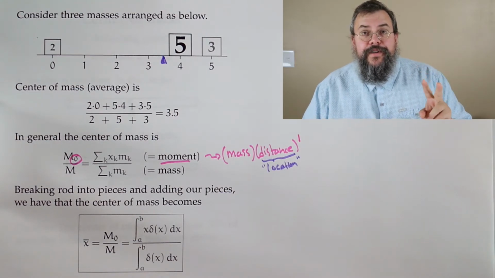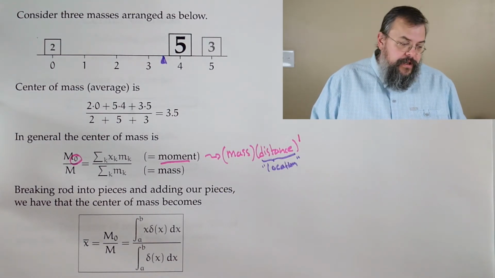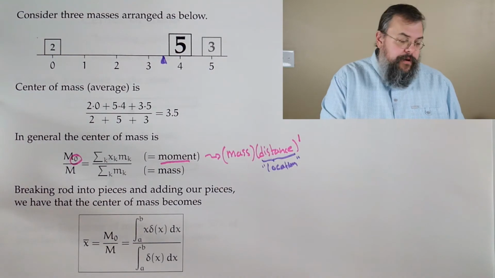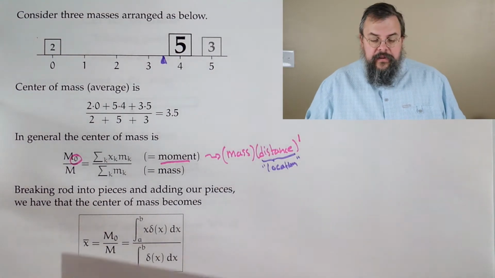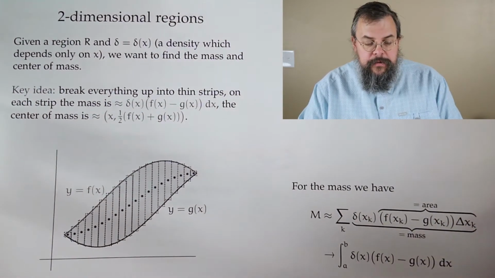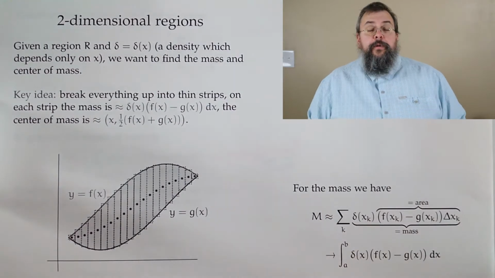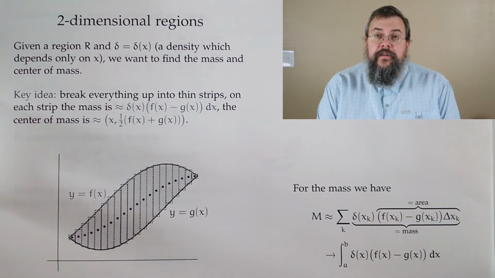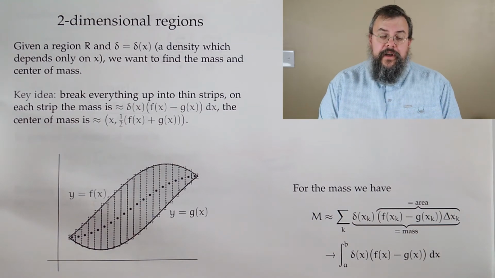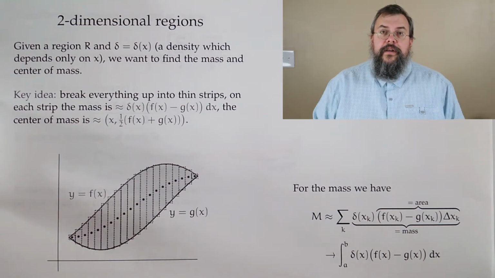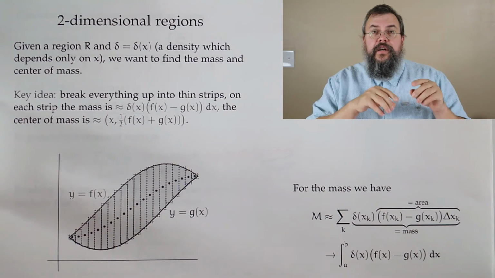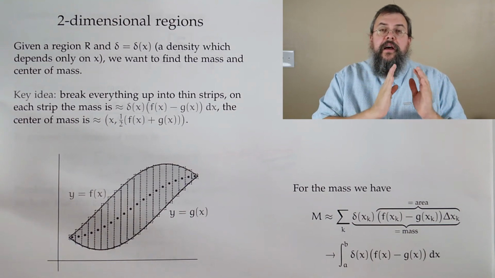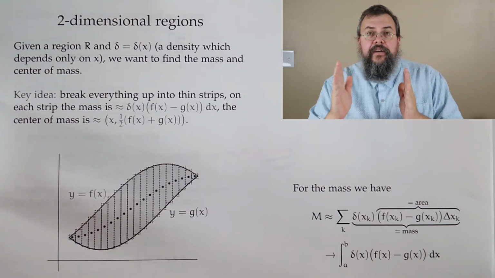How about two-dimensional? Well, we have to think about what's going on. So, here we go. If we have a region R and a density function which depends only on x, what does that mean? Well, it's a two-dimensional region, but when I look at the density, I only care about the x-coordinate.